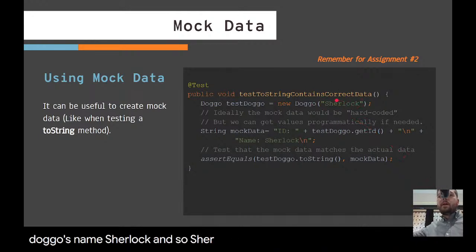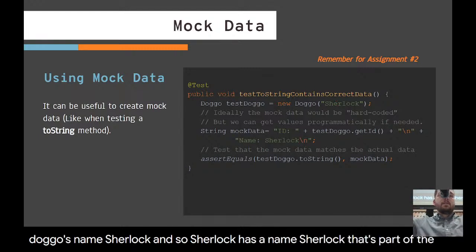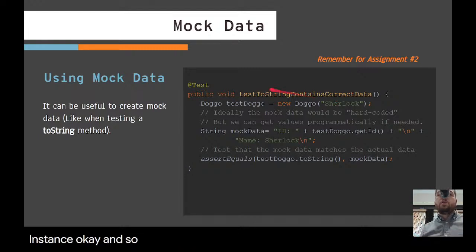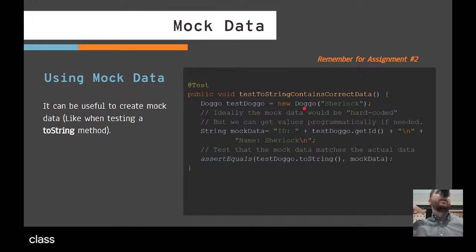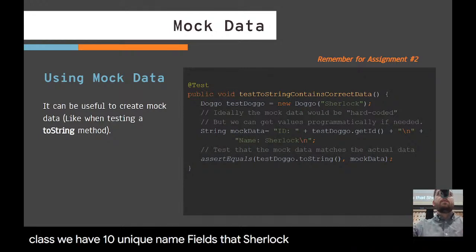Sherlock has a name that's part of the instance, okay? That name field does not exist until we create a new instance of it. And so if we create 10 instances of the doggo class, we can have 10 unique name fields. We have Sherlock, Bonsai, Fido, all the others.